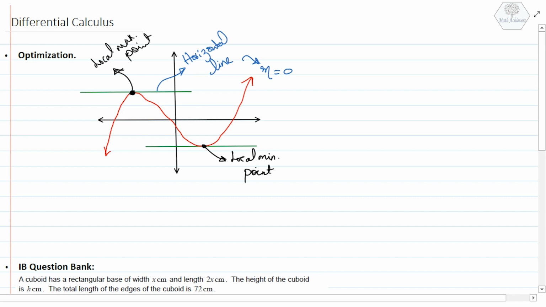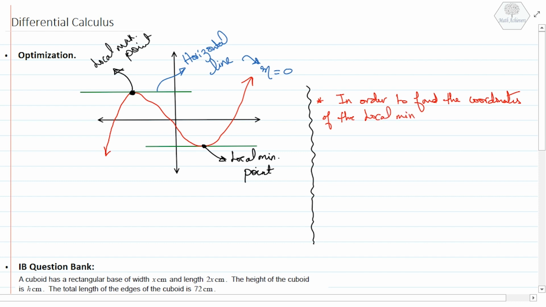So by this, we can conclude that in order to find the coordinates of the local minimum or maximum points, we need to first find the first derivative, then we need to make the first derivative equal to 0.